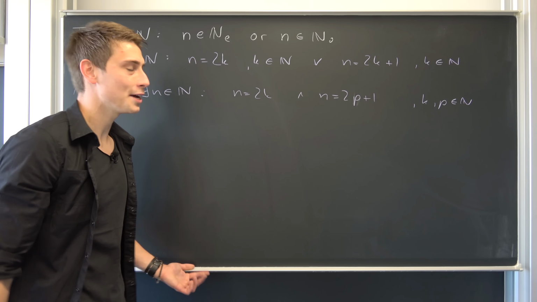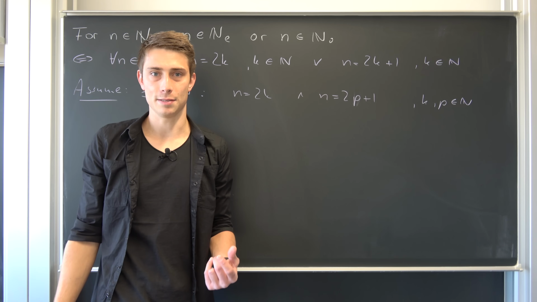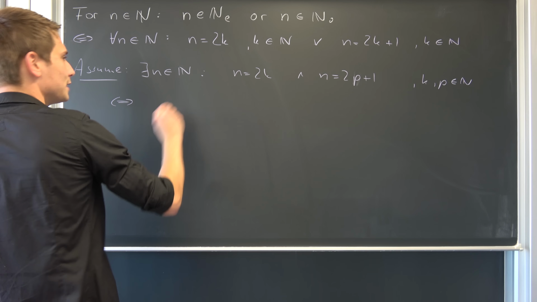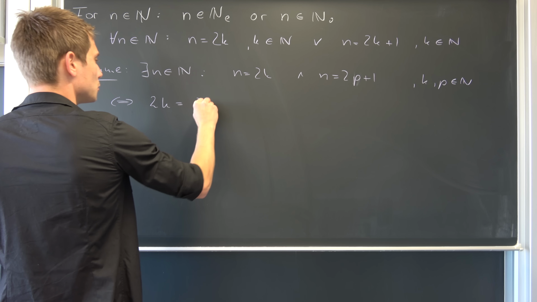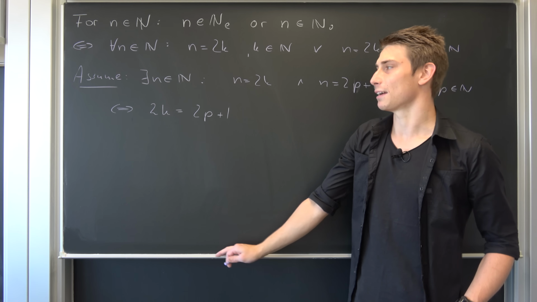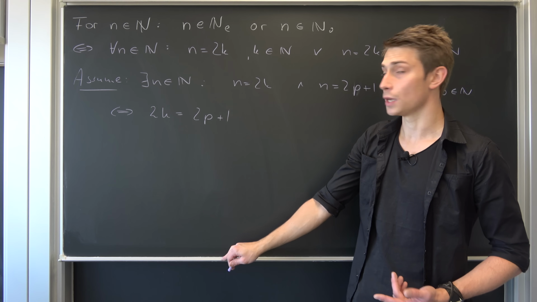Well, the cool thing is, we have this AND operator at the moment, meaning this and that are equal, and since equality is an equivalence relation, it's also transitive, and that means that 2 times k is equal to 2 times p plus 1. Okay, what next?